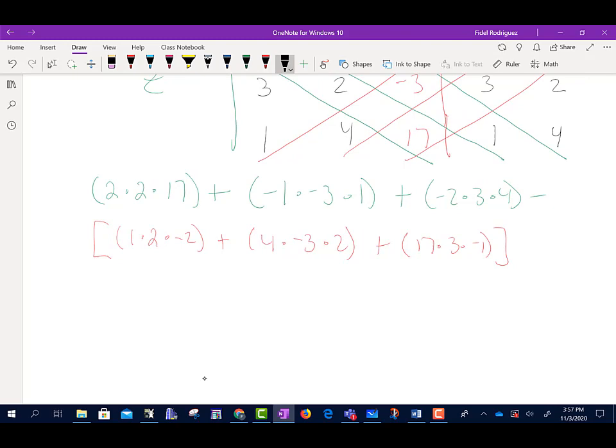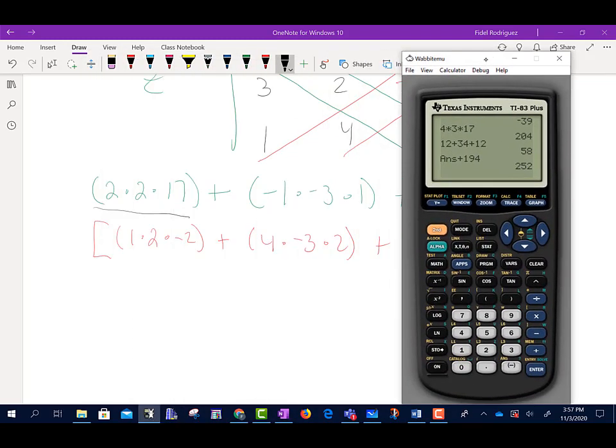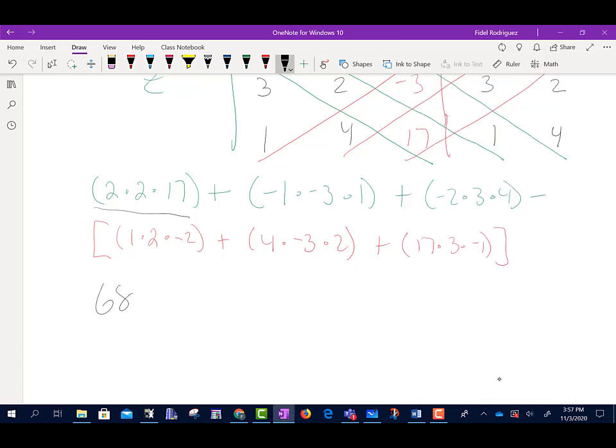Let's do our calculation now. Okay. So 2 times 2 times 17 is 68. Negative 1 times negative 3 times positive 1 is a positive 3. Okay.